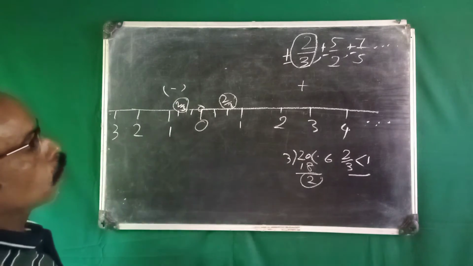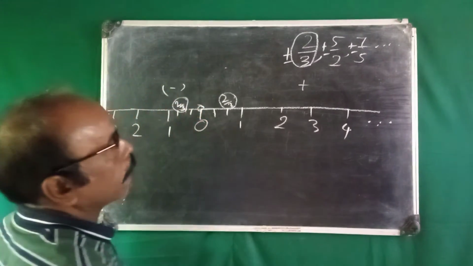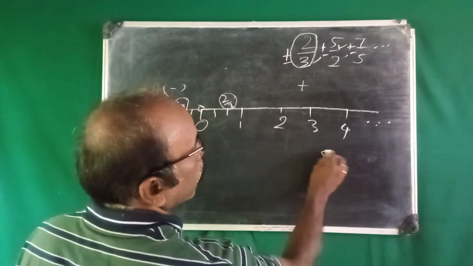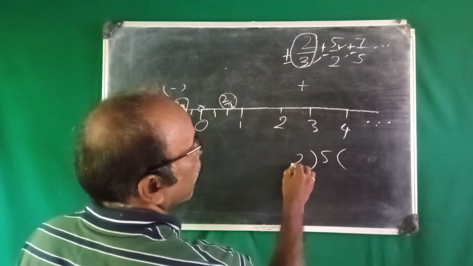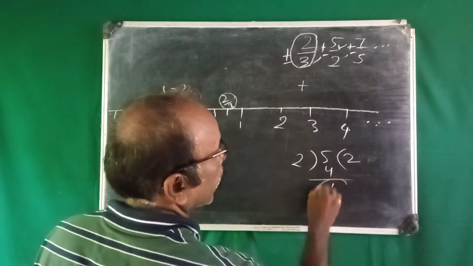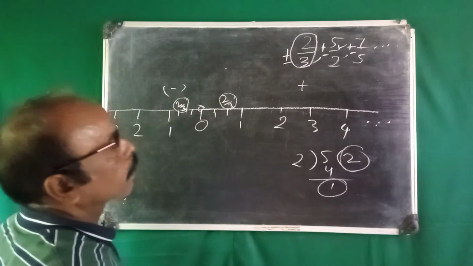Then we put the rational number 5/2. 5 divided by 2: 2 twos are 4, 1 is the remainder. Now 2 is the natural number.